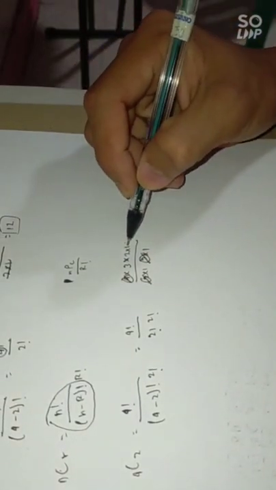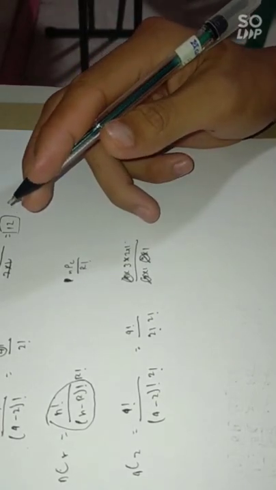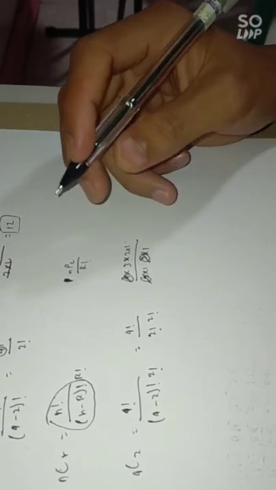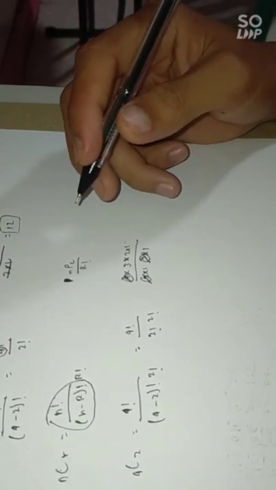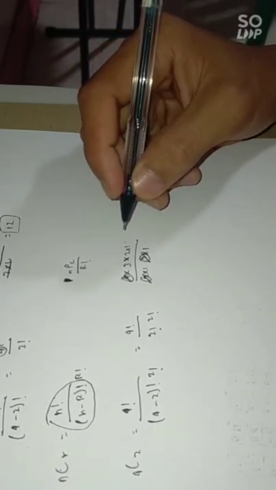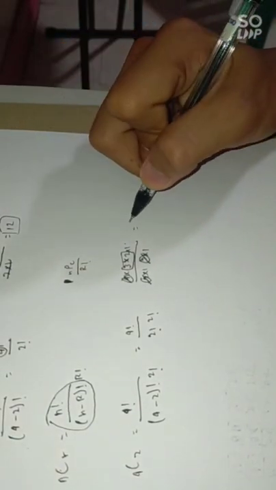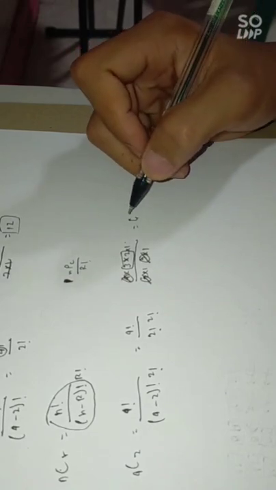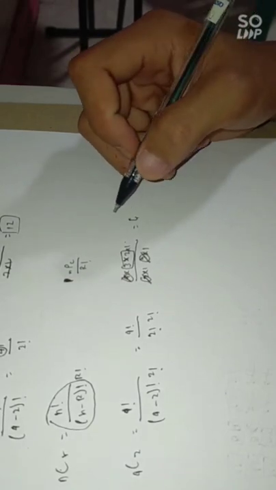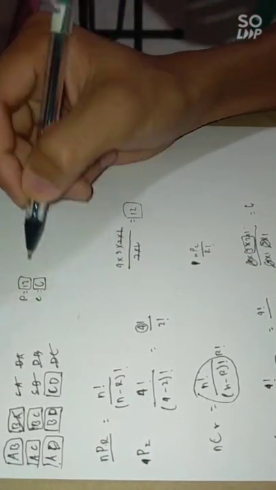We ignore the 1, because 1 times anything won't change the value. So we have left over 3 times 2, which is equal to 6, which is what we have here, the total of combinations.